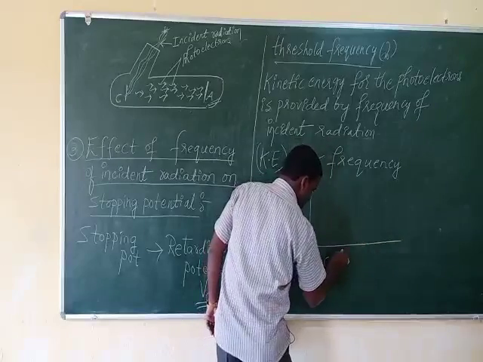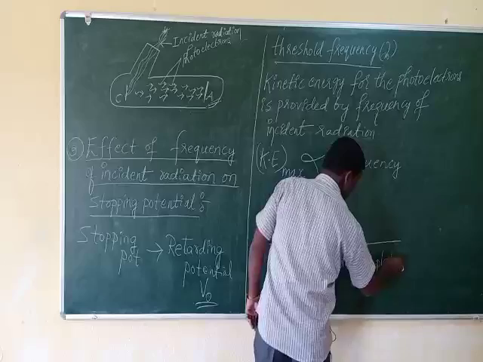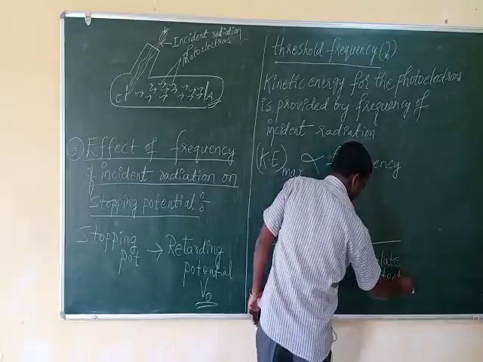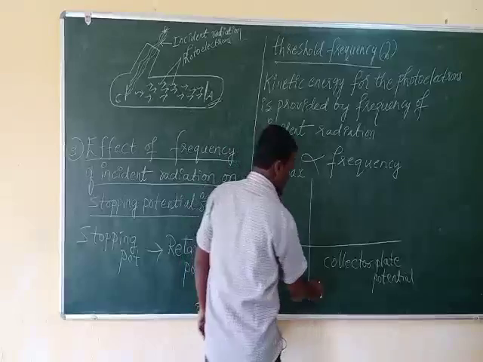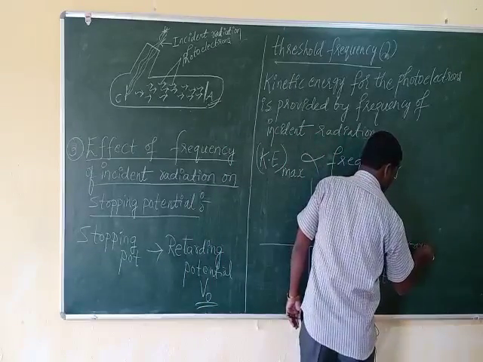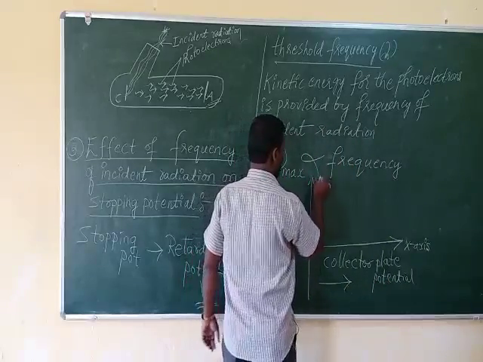This is collector plate potential, along the x-axis, and this one is the y-axis.